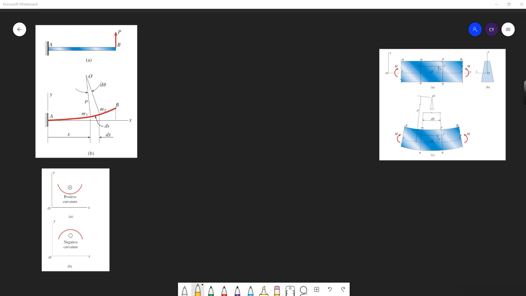And do your best to know in detail what I'm saying. This is a beam, and this is the external load. So we call this a deformation.